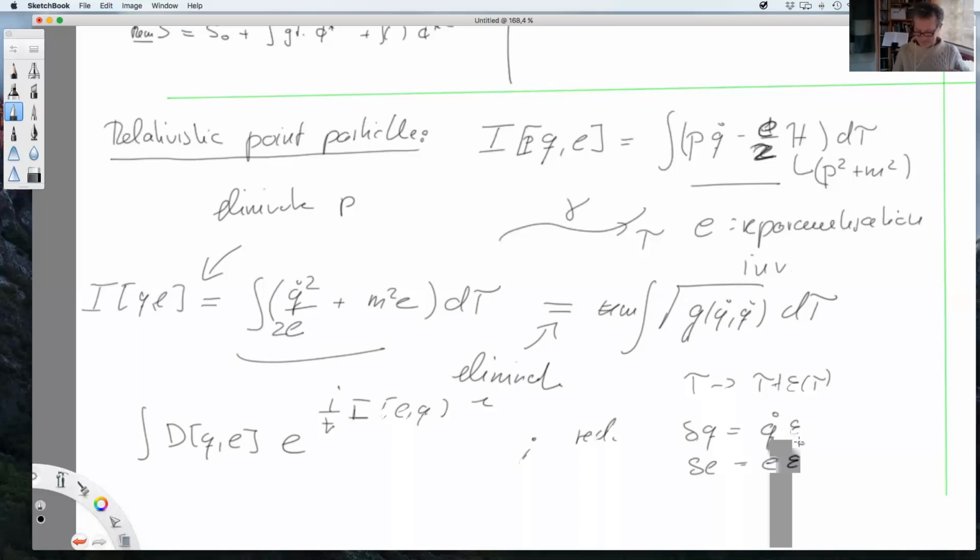So that will be a redundancy, and therefore I have to gauge fix it. So therefore we will see already there will be some BRST system which will give you some ghosts and so on. So there will be some BRST invariance in this world line action.